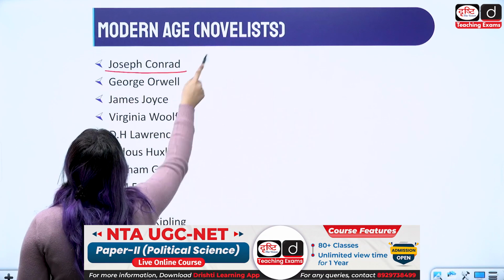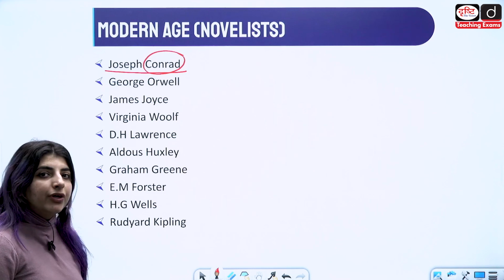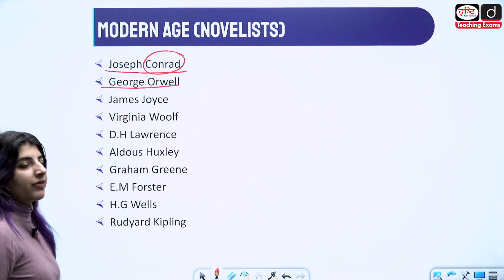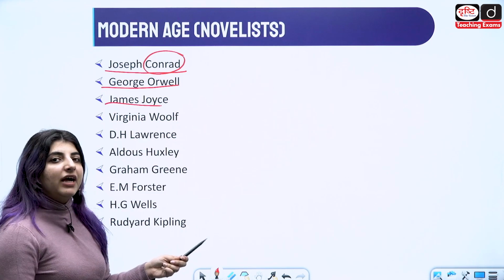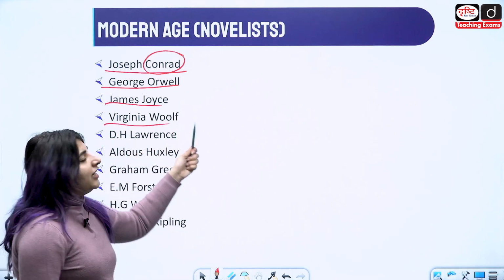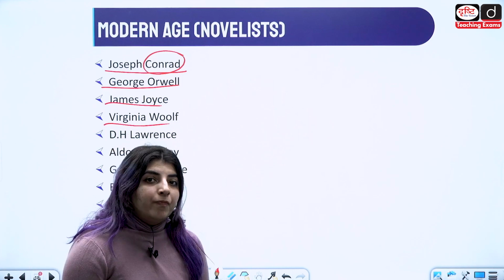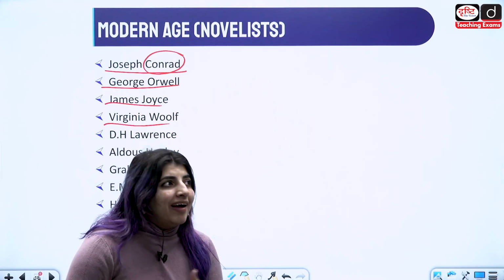So the important writers and novelists: Conrad, Heart of Darkness, Youth, Nostromo and all. George Orwell, Animal Farm. James Joyce's short stories, Dubliners, The Portrait of the Artist as a Young Man. Virginia Woolf, To the Lighthouse, Jacob's Room. Even the non-fictional work, A Room of One's Own. Am I a Snob?